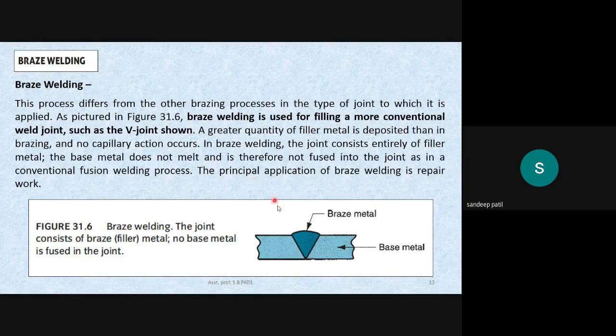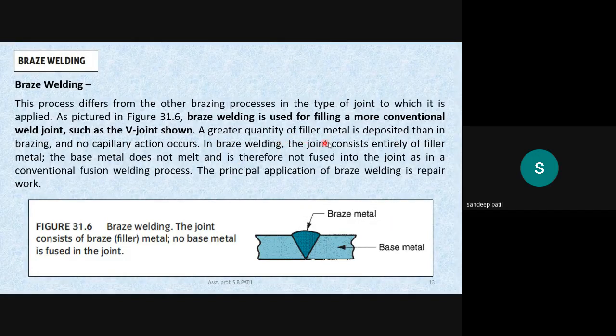Here, for not taking the capillary action, we require the bigger space. If the space is very small, then due to capillary action the filler metal flows in, and that will be the brazing process. So here it is a V base metal, and this is where braze welding is done.